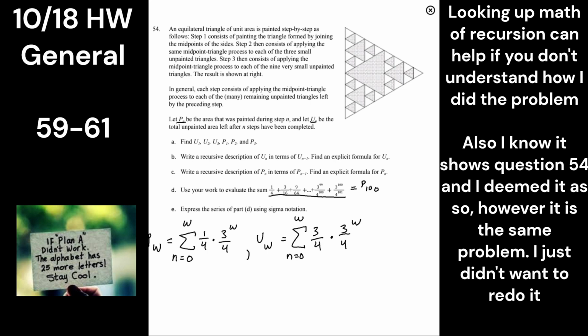oh, and we could just get B, C, and E done really quickly. B would be U to the N equals U to the N minus 1 times 3 over 4, when U to the 0 equals 3 over 4, and P to the N would equal P to the N minus 1 times 3 over 4 when P sub 0 equals 1 over 4.